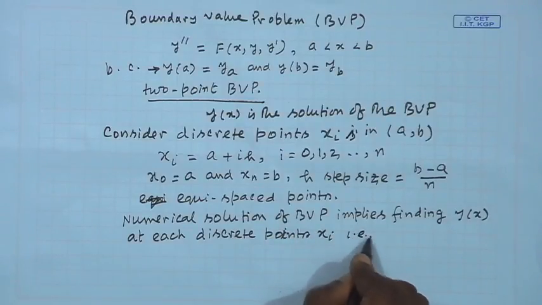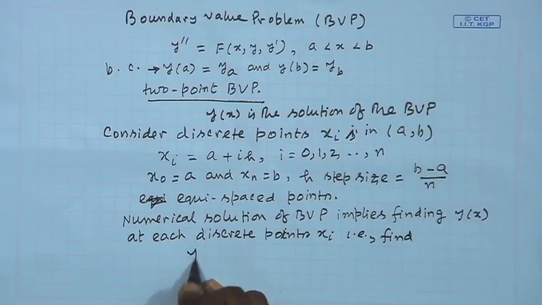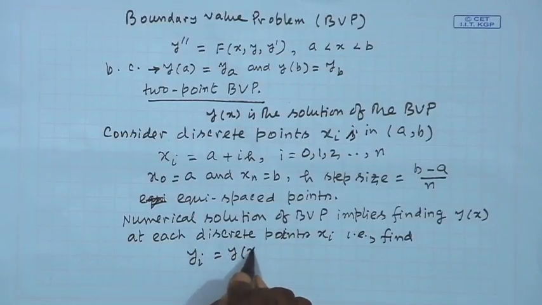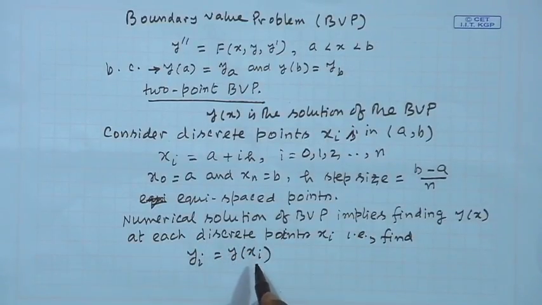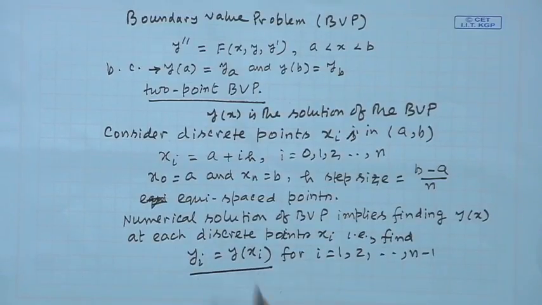That is, we need to find y_i, which we denote as y at x_i, for i equal to 1 to n minus 1, because y at 0 and y at n are given. So, numerical solution means we need to find out what the y_i are at these discrete points, i equal to 1 to n minus 1.